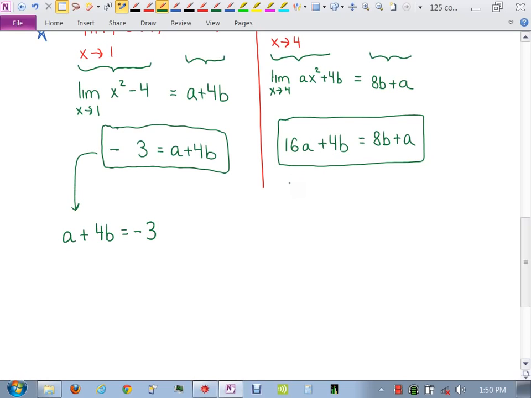So I'm going to subtract an a, which gives me 15a. I'm going to subtract an 8b, which gives me a -4b equals 0. Does everyone agree that's the second equation? Just move everything over to the left side. And I'm going to put that underneath this one. 15a minus 4b equals 0.